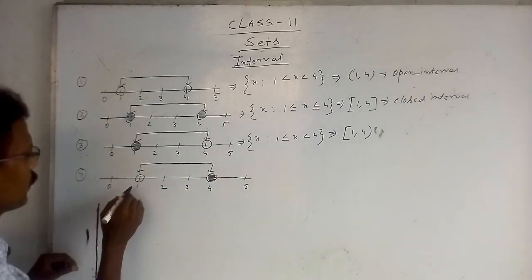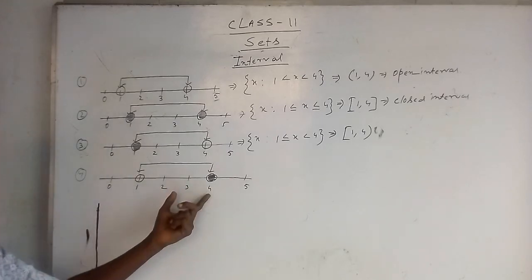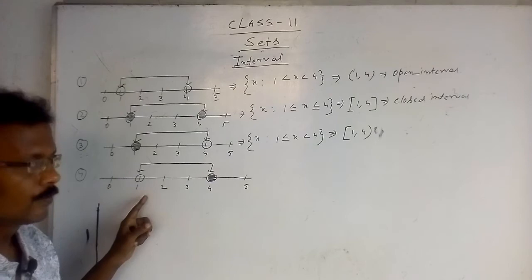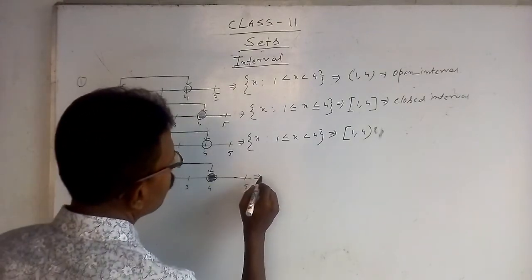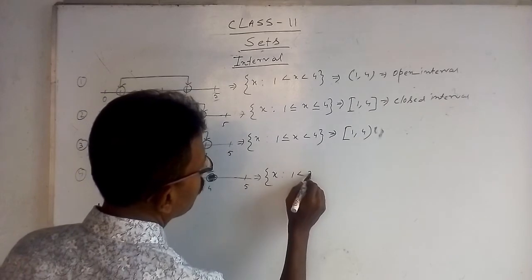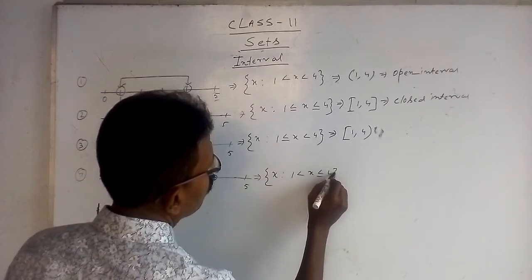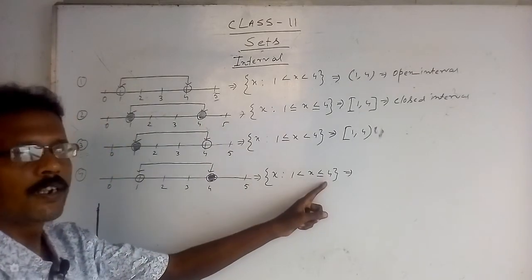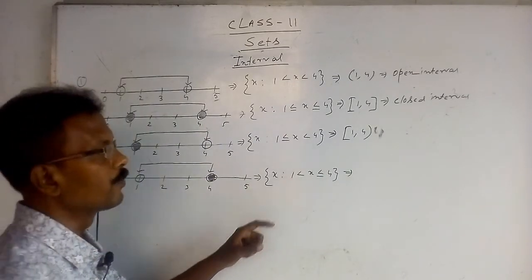That is, 4 is included in the interval, but 1 is not. That is notation, 1 is not. That is, this interval is closed from the right side and open from the left side.